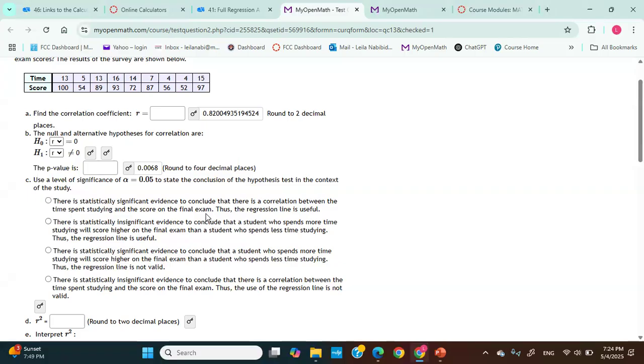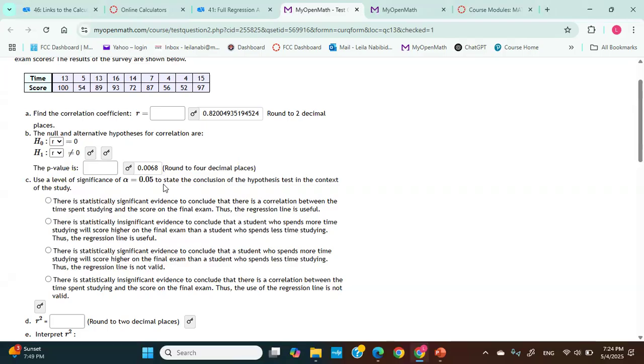Now it's asking that if the level of significance, or alpha, is 0.05, state the conclusion of the hypothesis test. So we always compare the p-value with alpha to make the conclusion. Right now, p-value is less than alpha because the p-value has 2 zeros before a number, but the alpha has 1 zero.